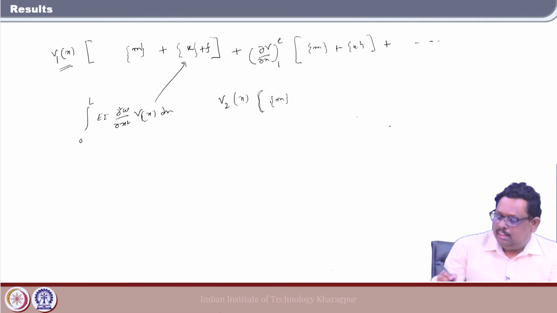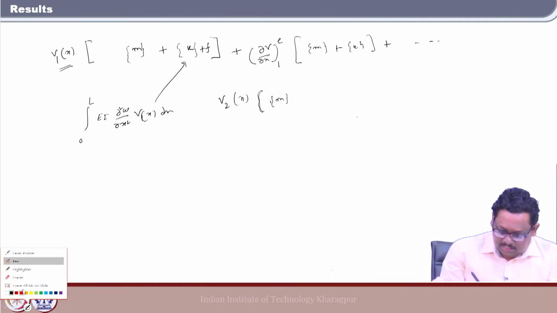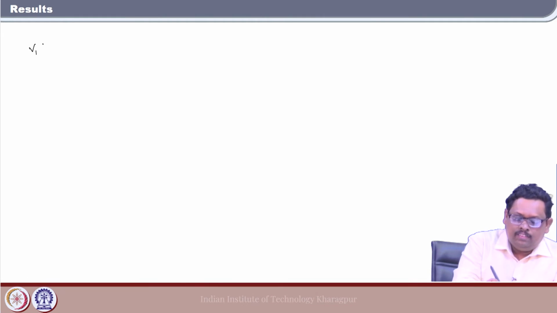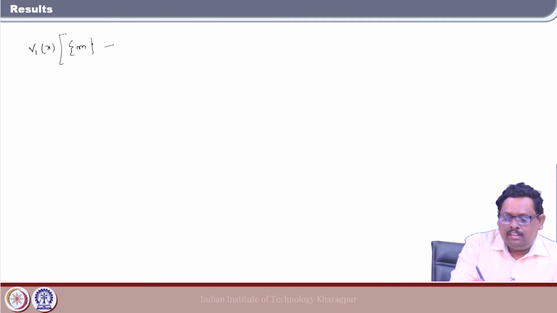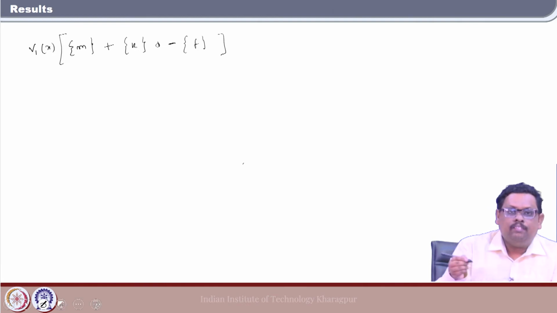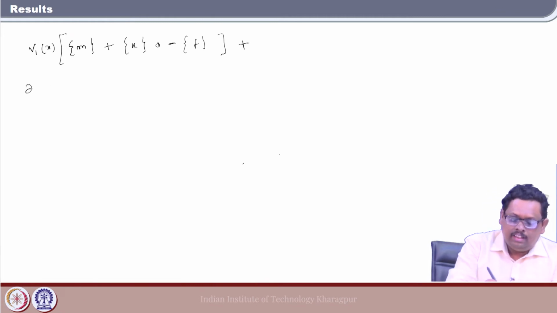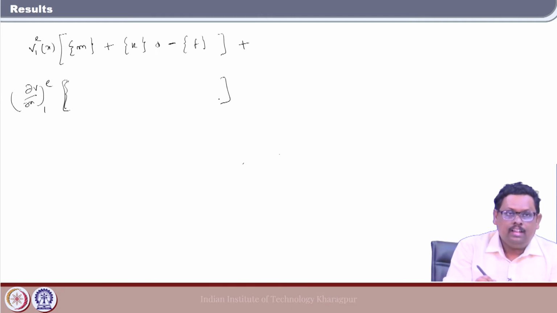So, frankly speaking, okay, let me refresh it again. If you take this common V 1 x, then you can have some component, let me write as m, some component I am writing as k, and minus some component having an f, something like this, right. And similarly, if you take del v del x E for element E, again you have similar 4 components, right.